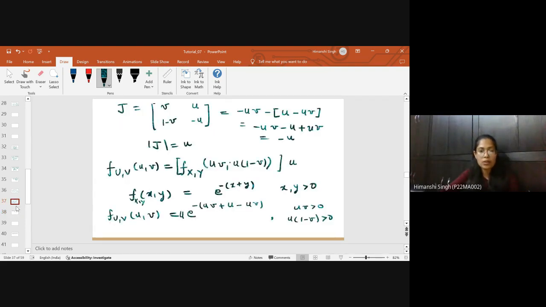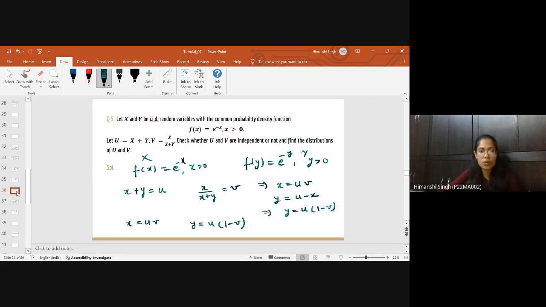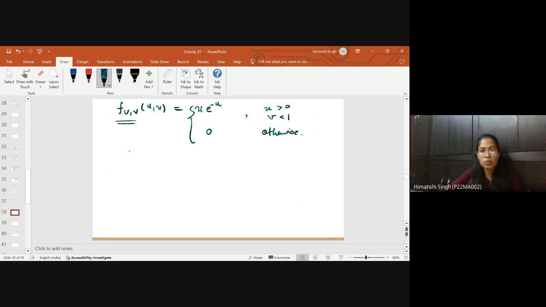Now I will find the marginals of u and v, that is, the distributions of u and v. In order to do that, f of u will be the integration of the joint density with respect to v, and the limit of v will be 0 to 1, since it is greater than 0 and less than 1.